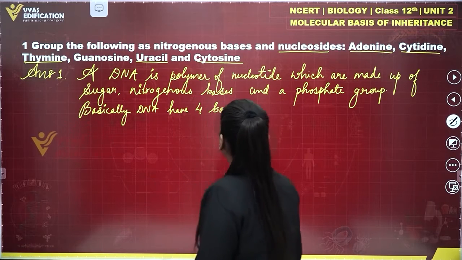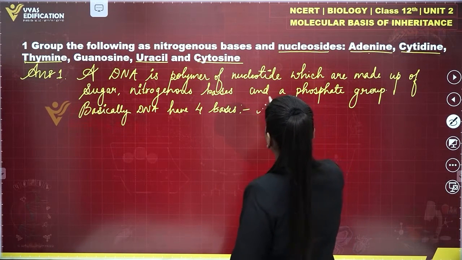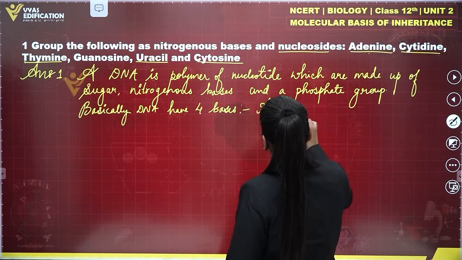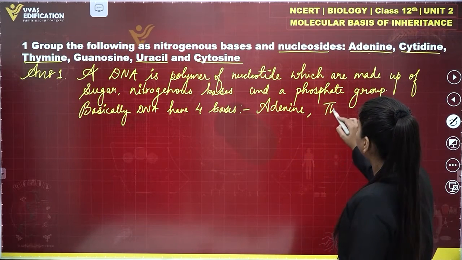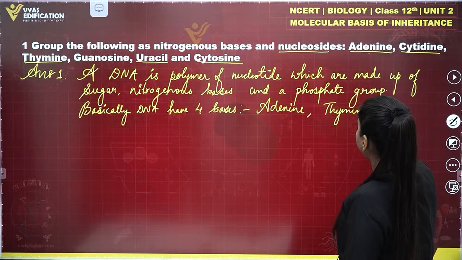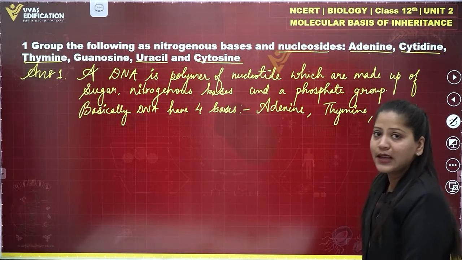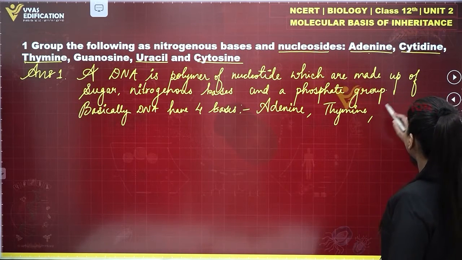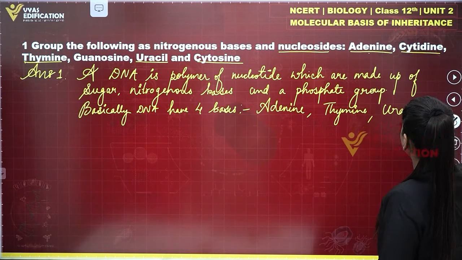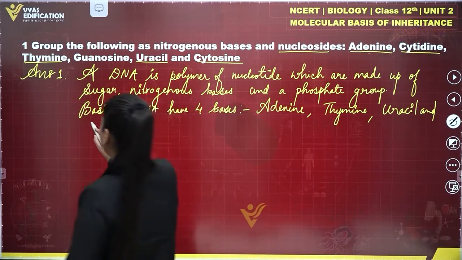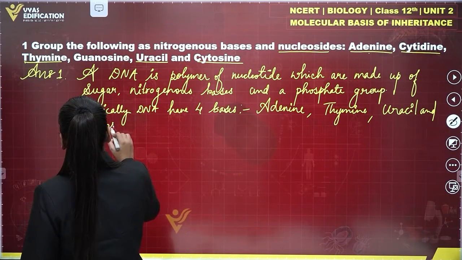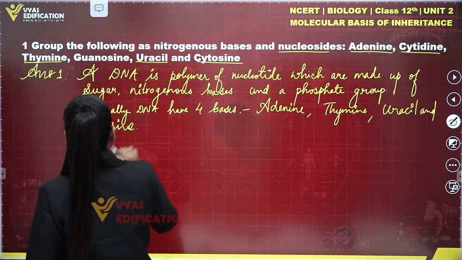What are these? These are adenine, thymine, uracil and cytosine. So all these are the nitrogenous bases.